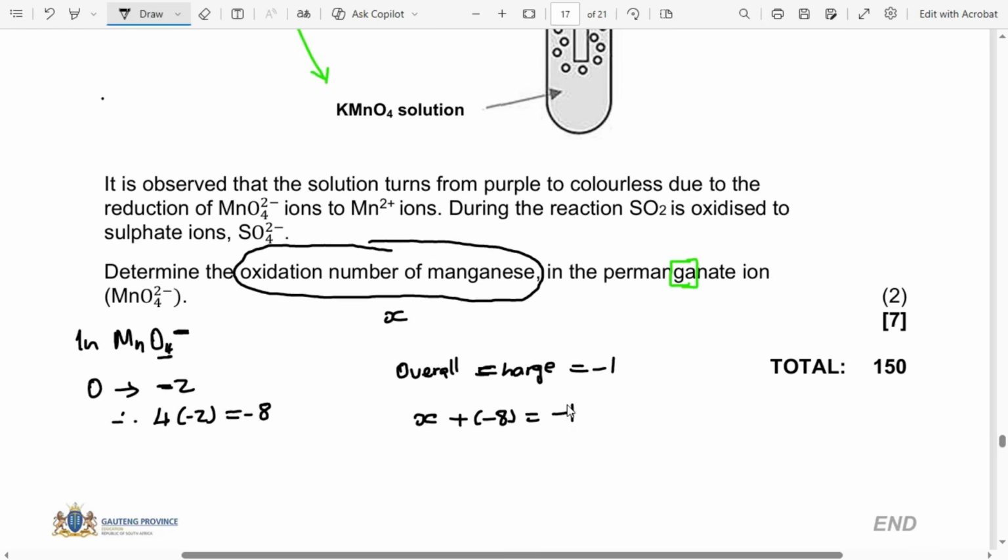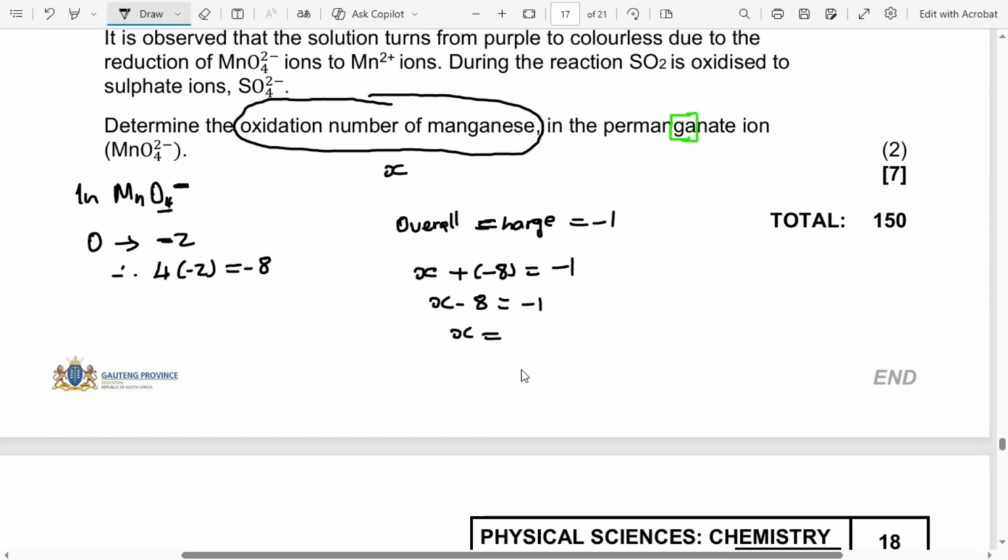Then you solve for X. X minus 8 equals minus 1. Therefore, X equals minus 1 plus 8, so the final answer of X is plus 7.